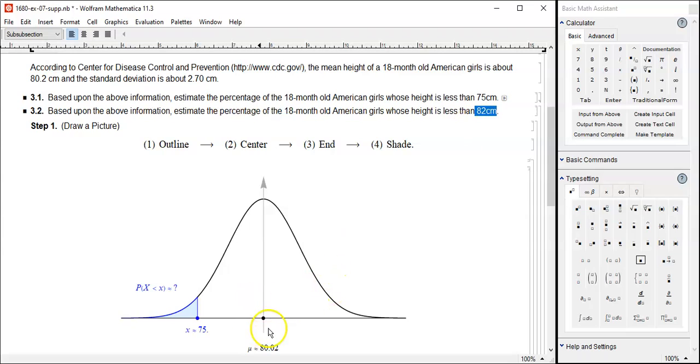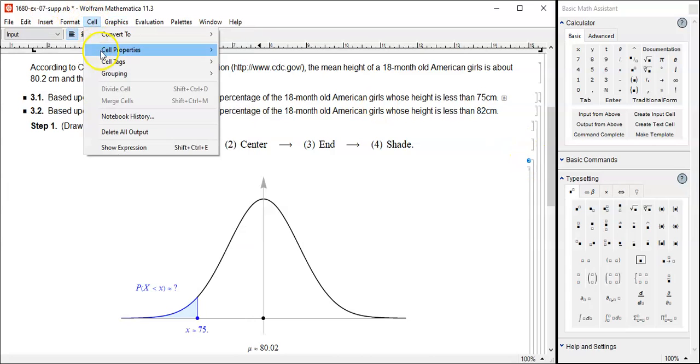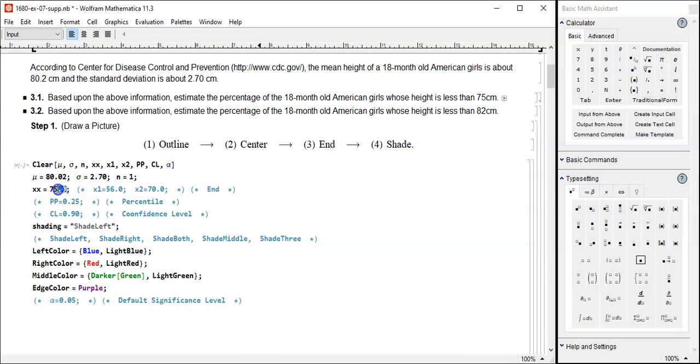Outline and center, okay. 82 is bigger than 80.2, so the end must go to the right. 75 is less than 80.2, so it went left, but 82 is bigger, so I have to go to the right.